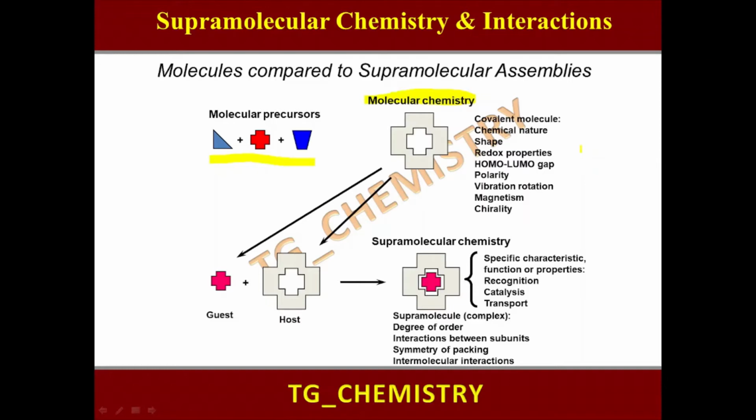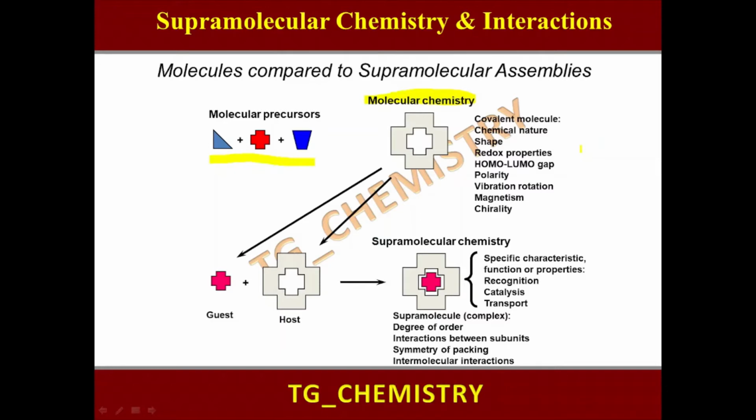And the general basic features of supramolecular complexes involve the degree of order, the interactions between the subunits, symmetry of packing, and also the intermolecular interactions. So these are basic or general features that are usually absent in covalent molecules.